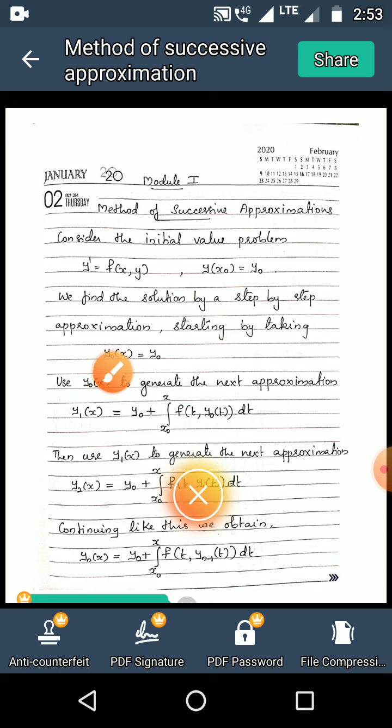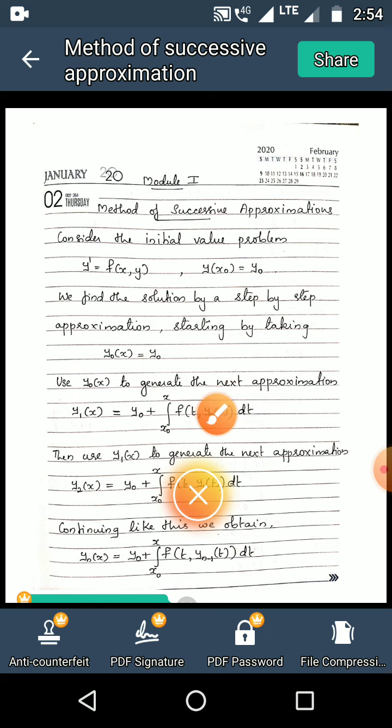Using this first approximation y naught of x, we generate the next approximation y1 of x, given as y1 of x is equal to y naught plus integral from x naught to x of f of t, y naught of t dt. Here y naught is the initial value, and we integrate from x naught to x, where x naught is the initial value of x. The variable is changed to t.